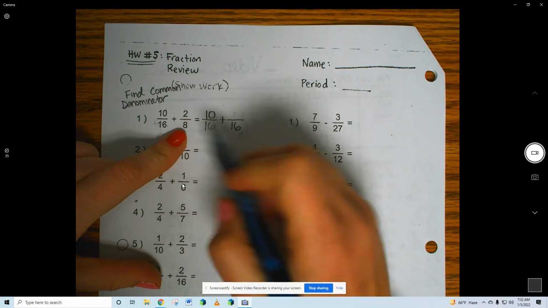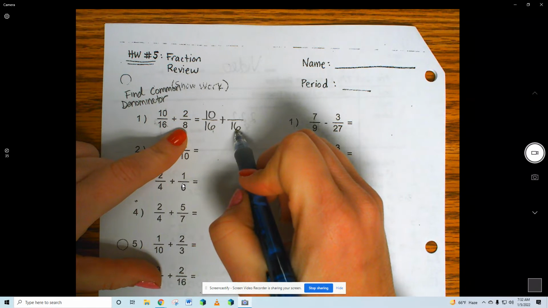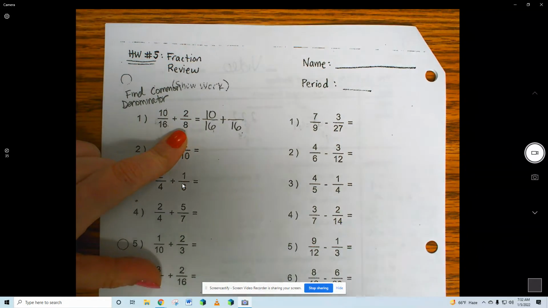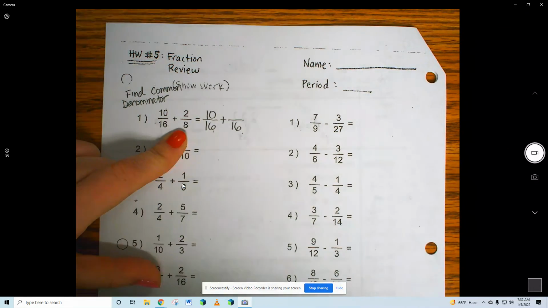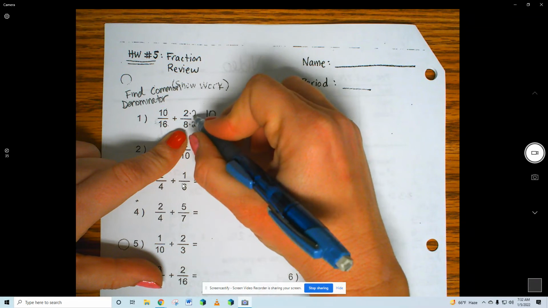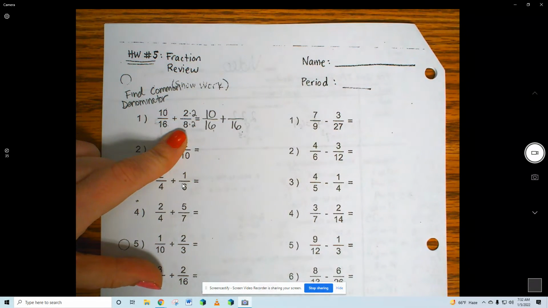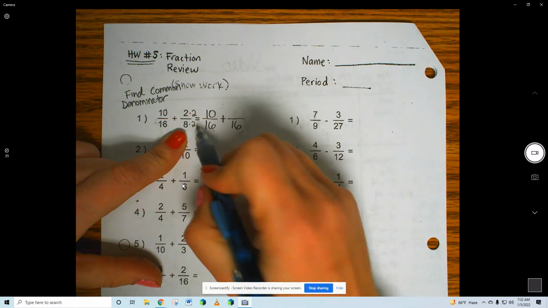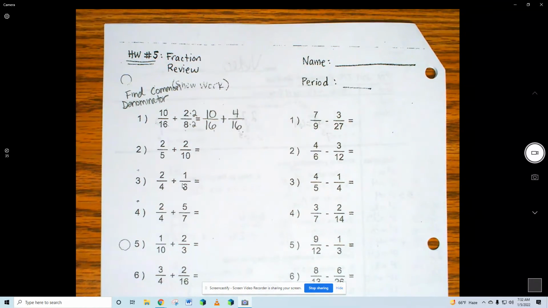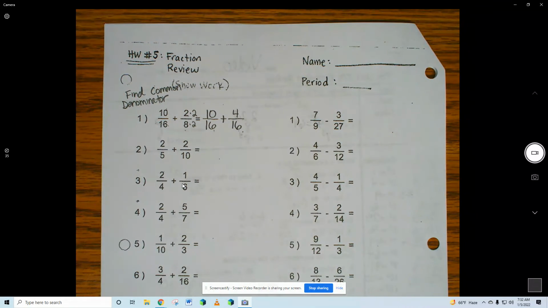What did I do to 8 to make 16? 8 times what makes 16? 8 times 2. So I changed the denominator and the numerator. 8 times 2 is 16. 2 times 2 is 4. My 2 new fractions are 10/16 plus 4/16.